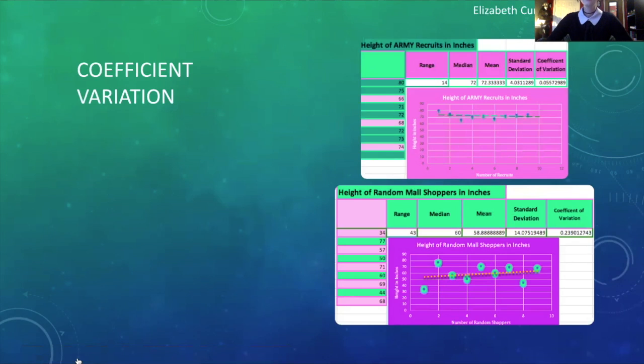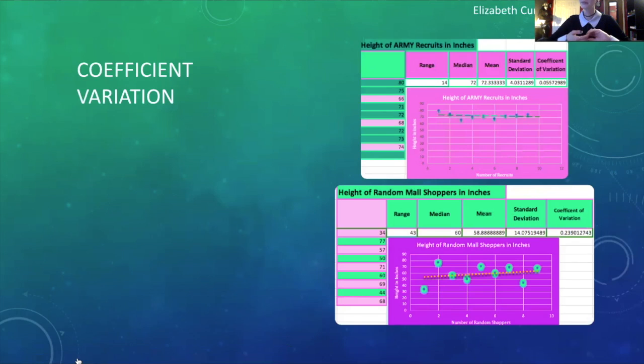So the Army recruits are usually subcategorized, if you will. You have men and women, and usually in the armed forces there's not that big of a fluctuation. As you can see, there's a little bit of a fluctuation, but for the Army recruits, they stuck to one specific gender versus the height and age. You have to be a specific age to be in the Army too.